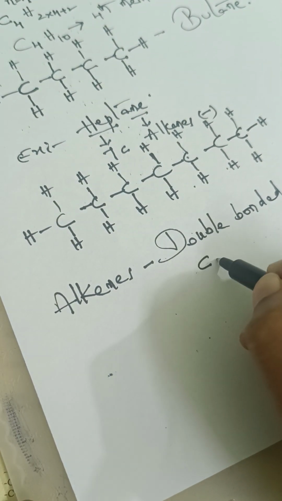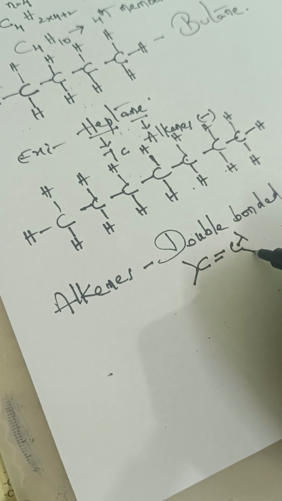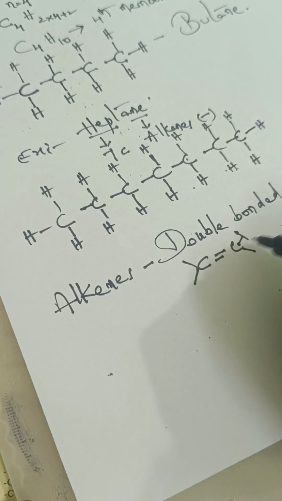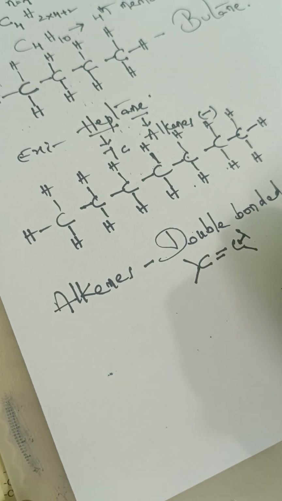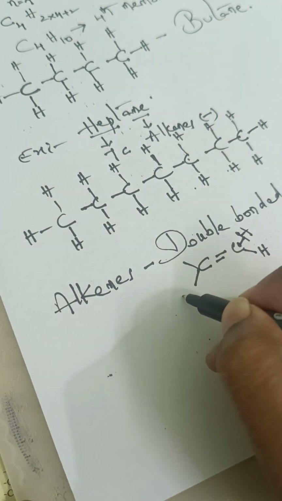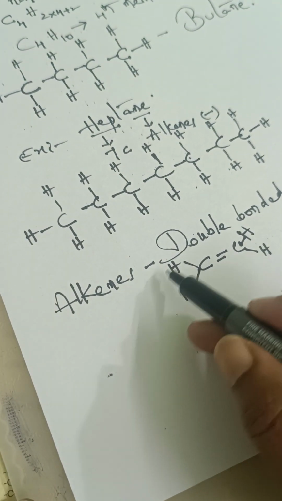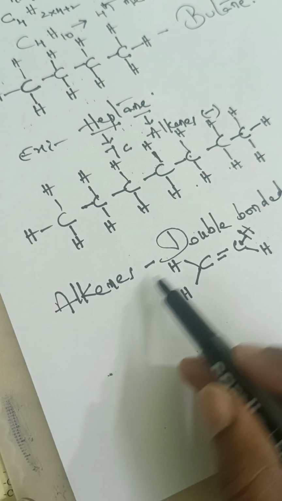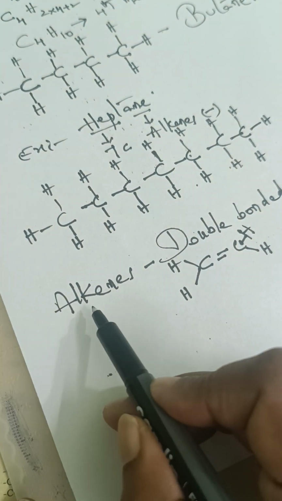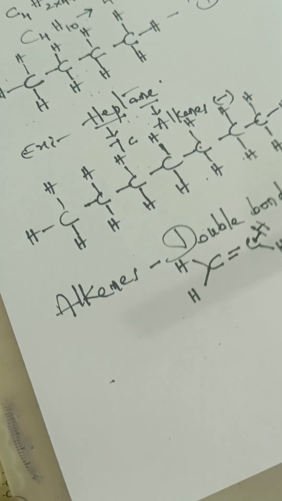That means you will have C double bond C. Here I can take hydrogens or any other group. That means alkenes are nothing but double bonded compounds. These are unsaturated compounds, whereas alkanes are saturated compounds.